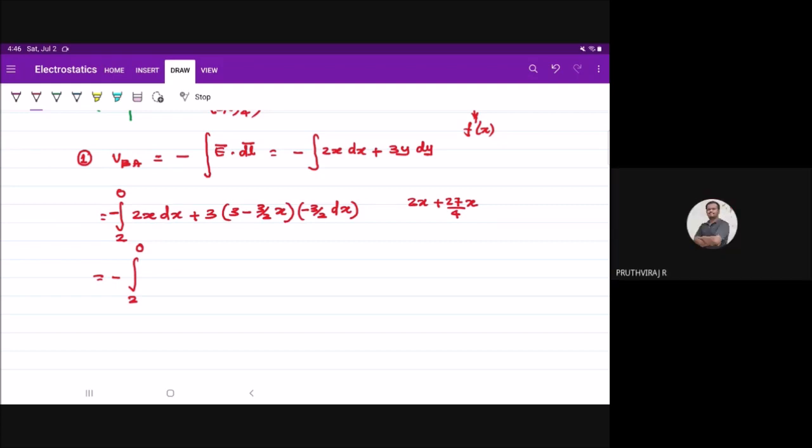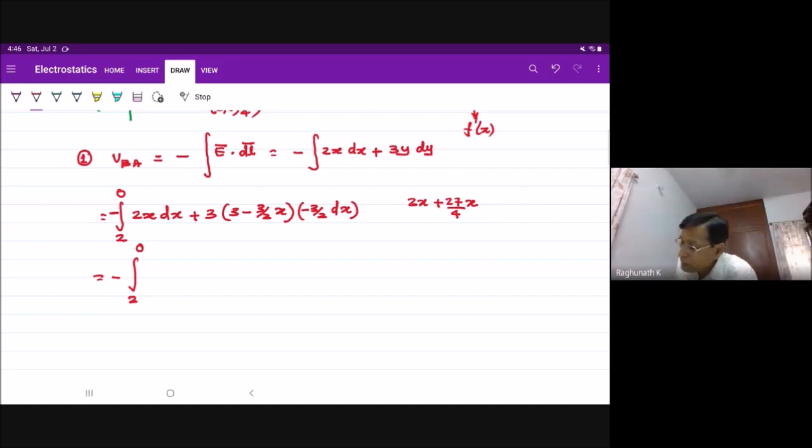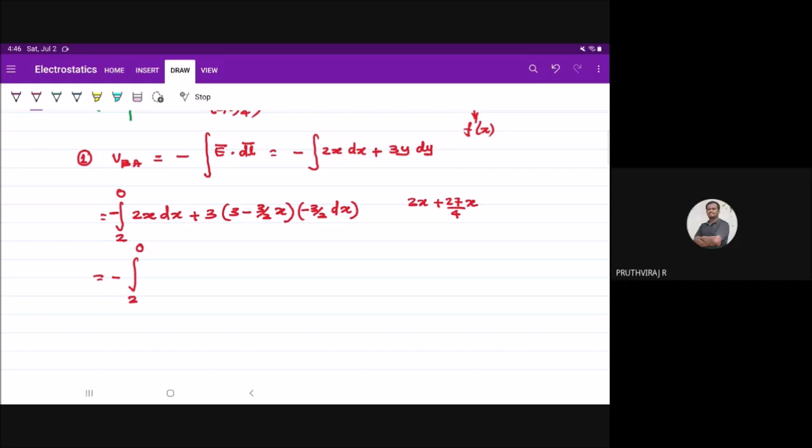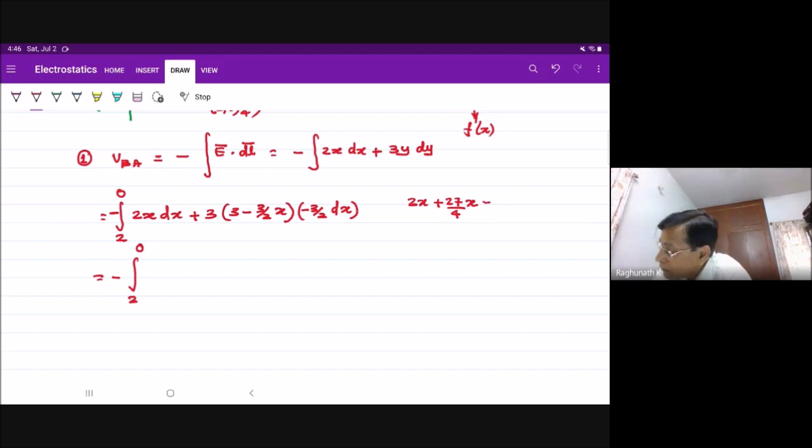So it is 2x plus 27 by 4 x, that is 35 by 4 x, minus 27 by 2 dx.